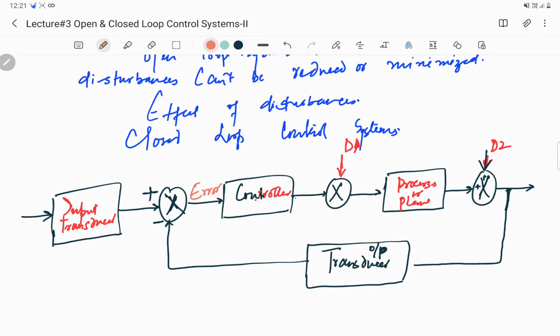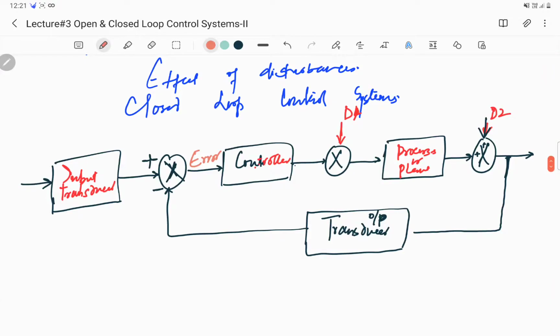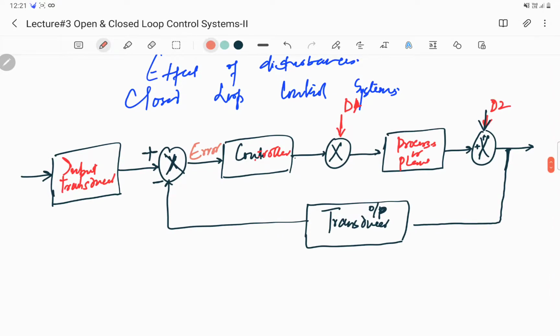Now let us try to understand or examine this block diagram by an example. We'll use an example of an antenna positioning system.